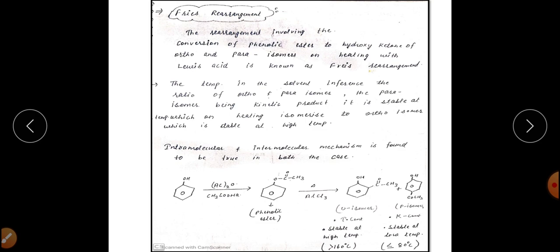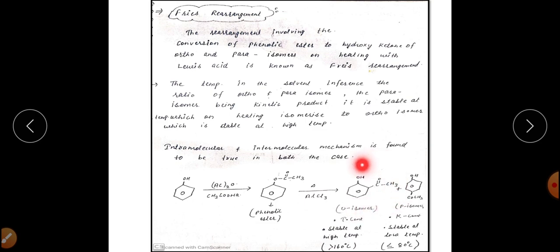If you are taking high temperature, that is above 160 or 170 degrees Celsius, at that time the major or dominant product will be the ortho product, that is the ortho isomer.